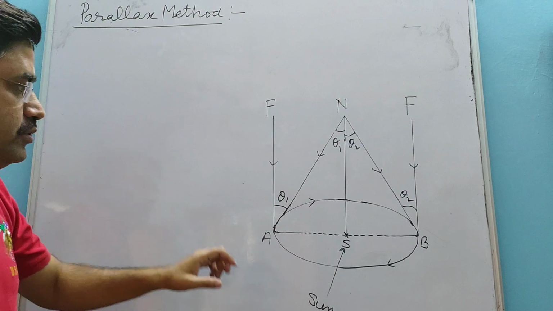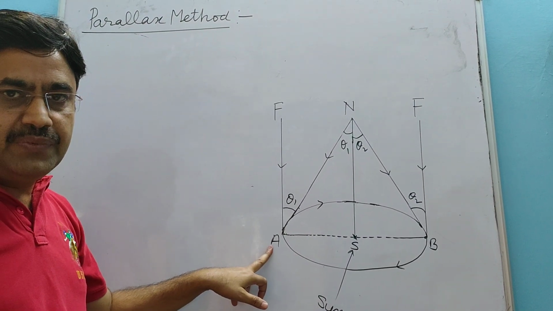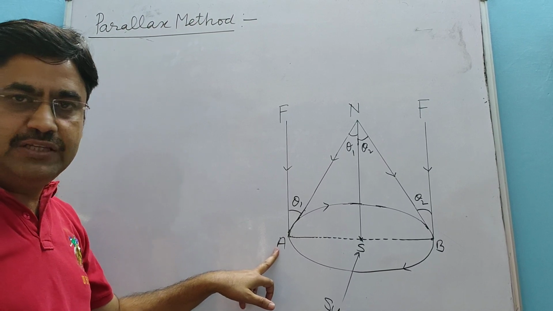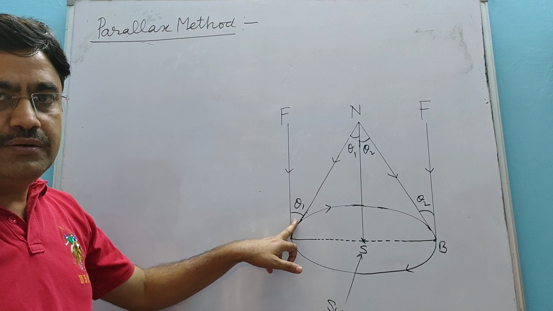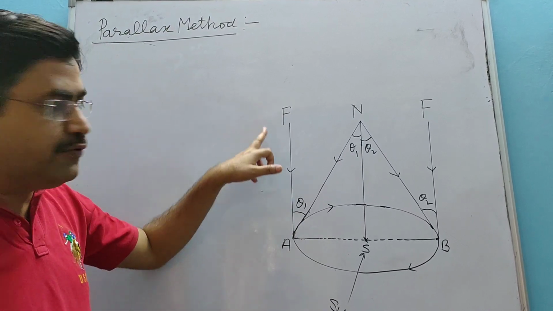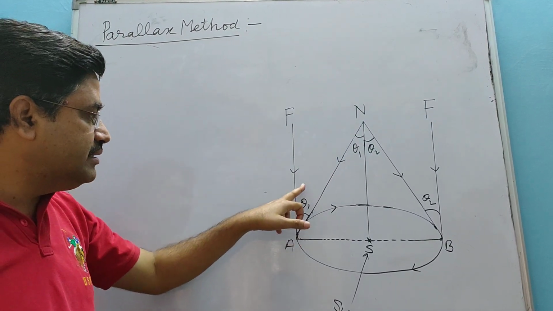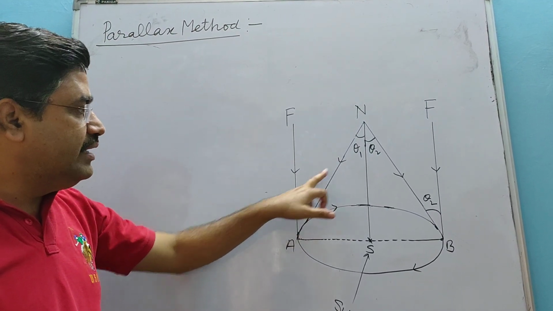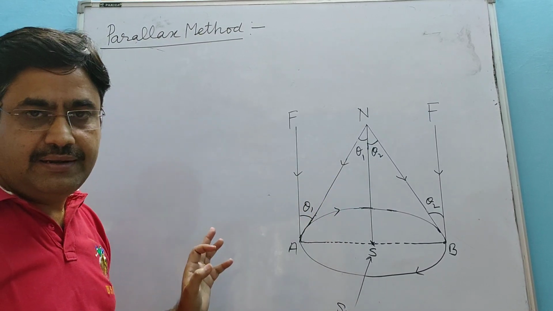Now suppose at a time Earth is at point A. We use an astronomical telescope to find angle theta 1, which is between the directions of light coming from the far-off star and the nearby star, and suppose this angle is theta 1. Definitely this angle is also theta 1 because both are alternate angles.